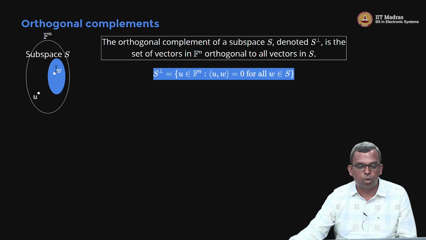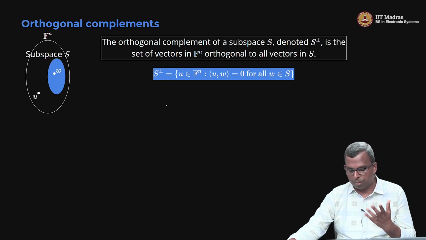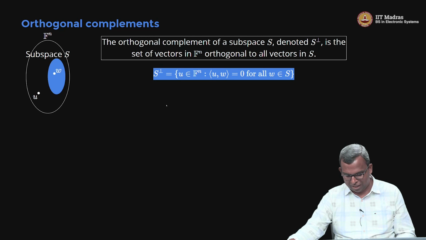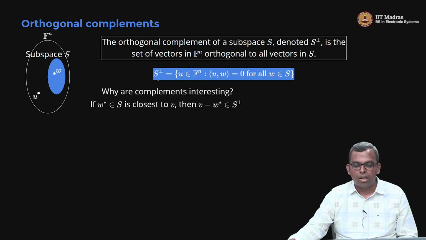As w goes through S, this u should be orthogonal to everything. I am not projecting from here, remember; this u needs to be orthogonal to everything in S, then this u will belong to S perp. This is related to that previous least squares problem, and you see where it comes from. Why are they interesting?